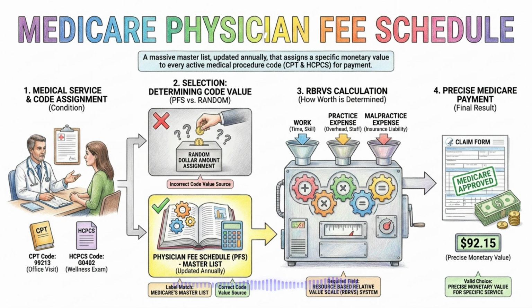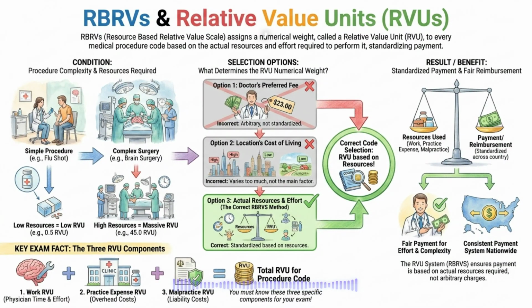However, Medicare does not just assign random dollar amounts to these procedures. Instead, they use a highly complex mathematical system called the resource-based relative value scale, or RBRVS, to calculate the precise worth of every single medical service provided by a doctor. The system assigns a numerical weight known as a relative value unit, or RVU, to every procedure code.